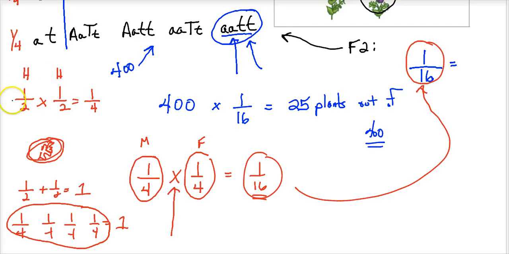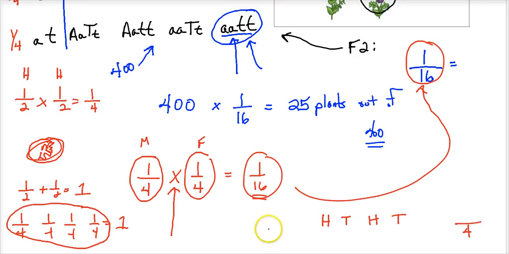Now, if you still don't quite know why multiplying would be used, think of the outcomes. When I flip a coin, I can get heads. I can get tails. And then I can get heads or tails. How many outcomes are there? 4. So 1/2 gives you the 4th.